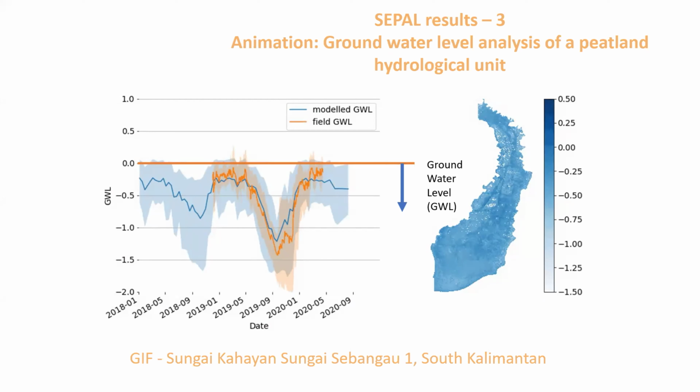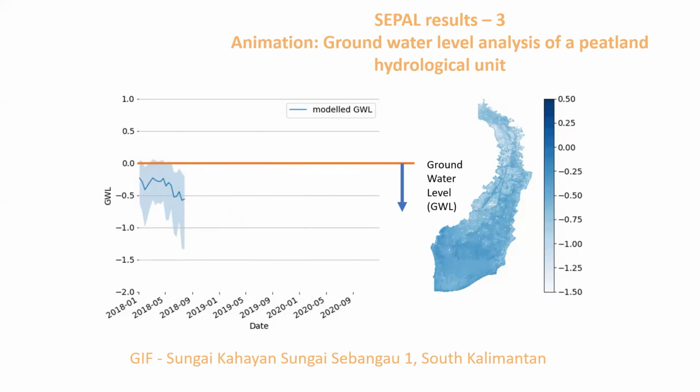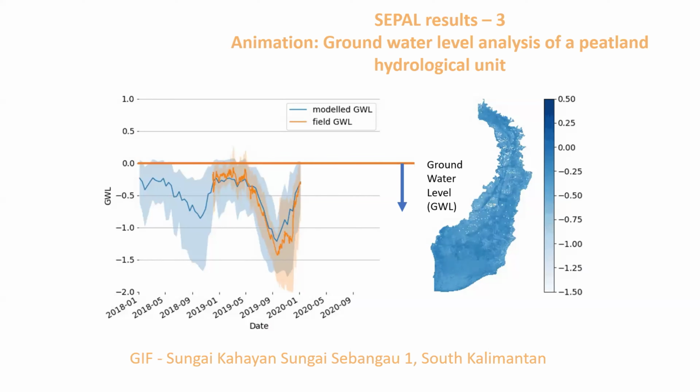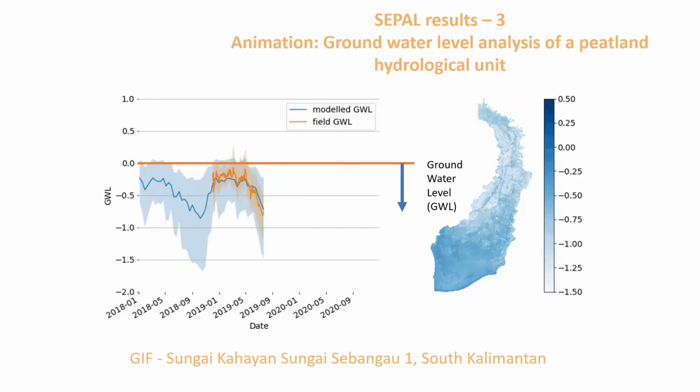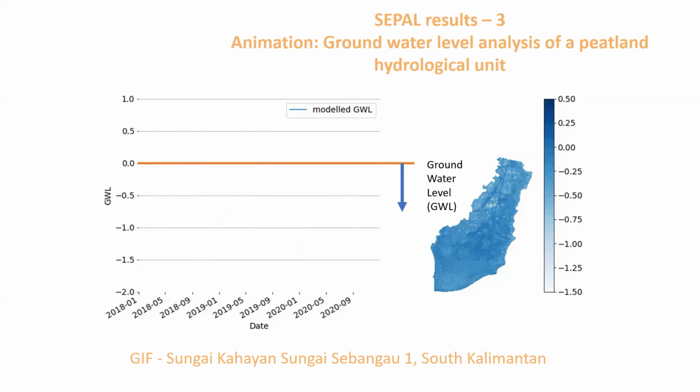So here you see that the groundwater level, which should be around the zero, around the ground, in a healthy peatland, here it's going lower between the seasons and different years and the climate. And this is an area where there has been some restoration efforts ongoing.